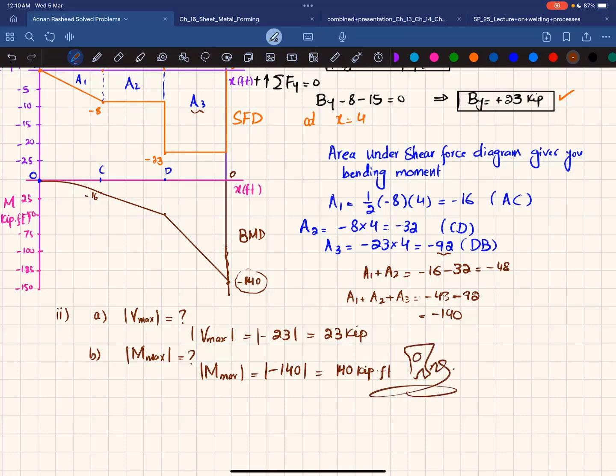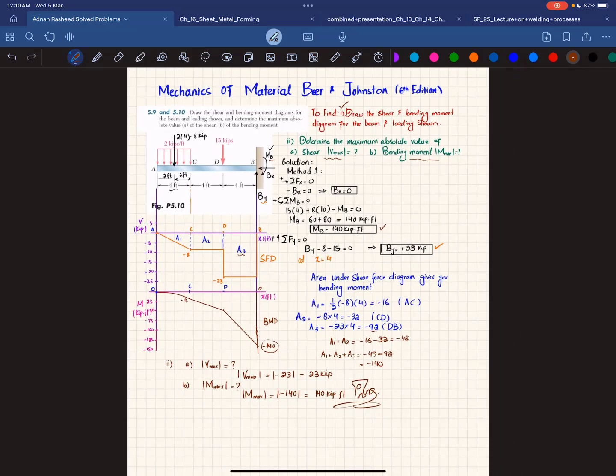Now we will solve the same question by using another method, that will be using shear force equation and bending moment equation.